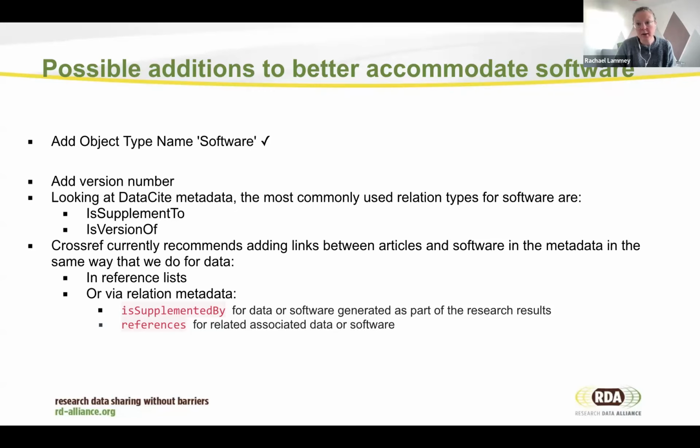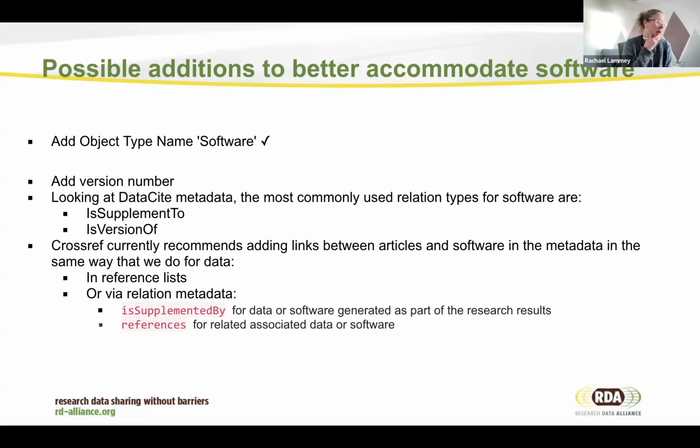The other feedback we'd had from speaking to people is that versioning is important for software, so we can add support for version information into the schema. And we'd also looked at the relationship types most commonly used for software already in both of our schemas. So in DataCite, it's IsSupplementTo, IsVersionOf.